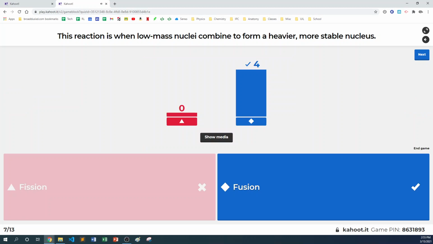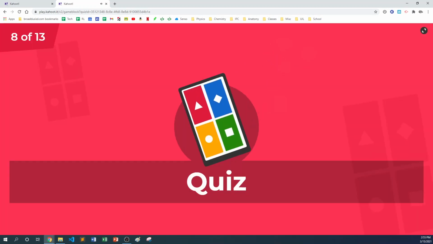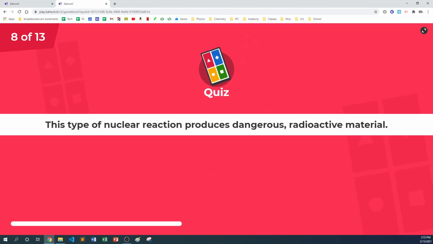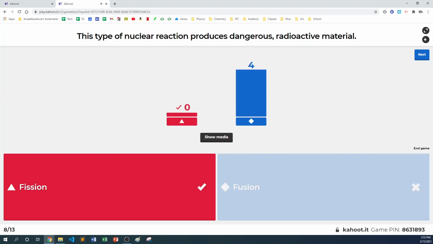If they switch up on me, it's gonna be bad. This type of reaction produces dangerous radioactive material. It would be fission. Fusion creates new, bigger molecules. Fission creates alpha, beta, and gamma radiation.